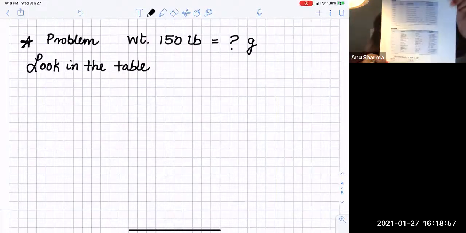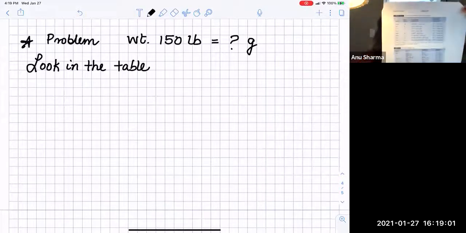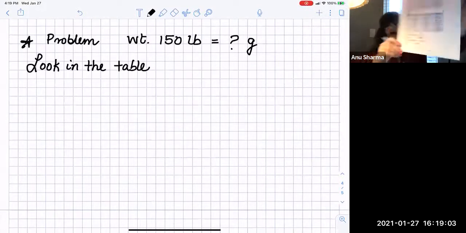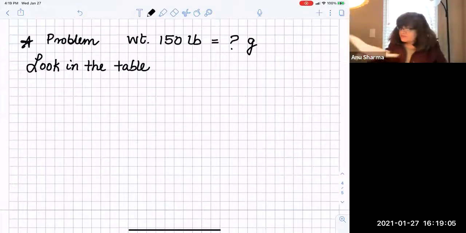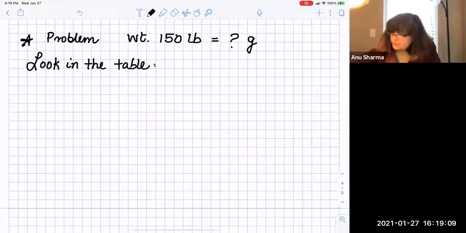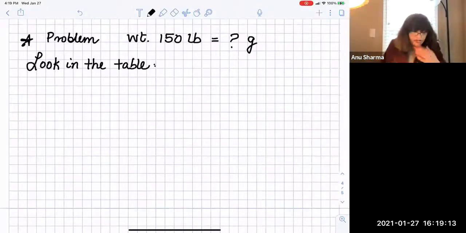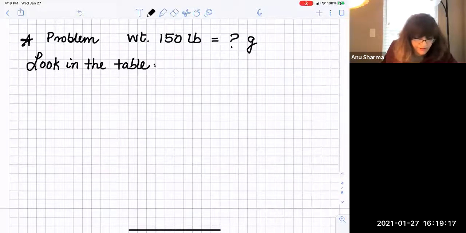If you look into my camera, these tables are given right here. All this has been explained. So use the tables in the handout, or you can use the book. We have to look for the equality, the relationship between pounds and grams.